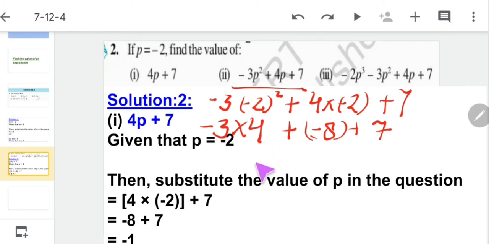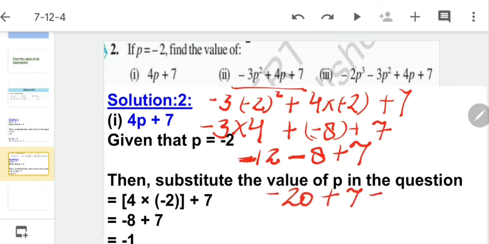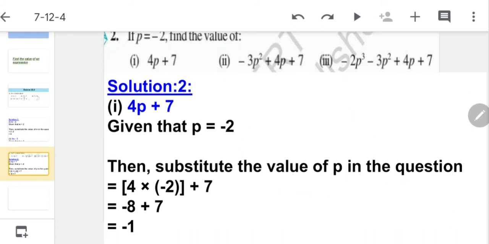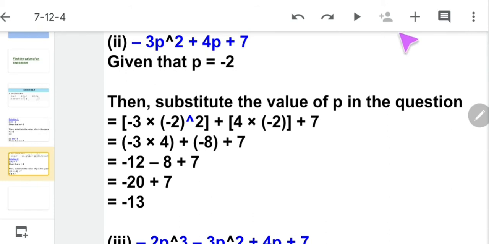Then -3 into 4 gives us -12, -8, positive 7. So -12 and -8 will add and give us -20, plus 7, and it will be -13. Okay. So the answer is -13. Let's see. Yes, you can see here.